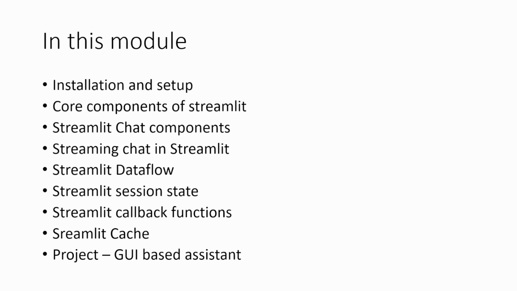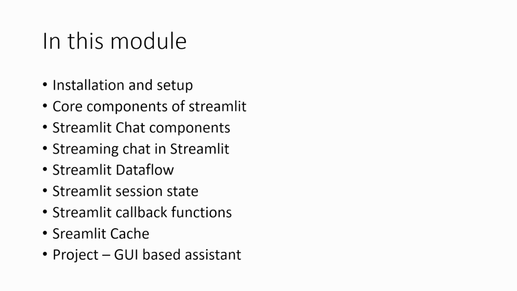We also created a conversational chatbot, but its memory was based on our own memory object, a list. Now, in this module, at the end, we will create one full-fledged GUI based assistant, which will have a UI, and session state and other things will also be used.